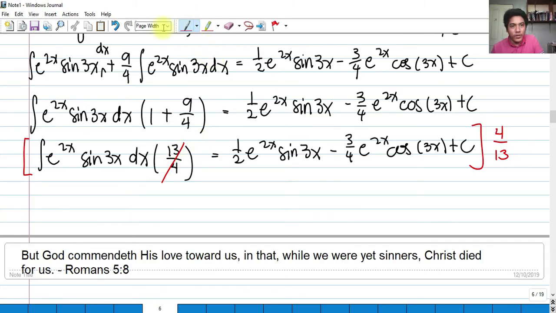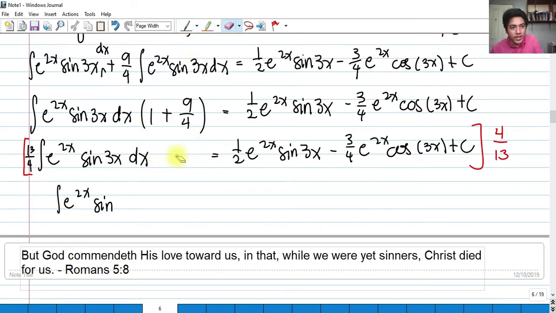So we are left on the left side of our equation with the integral of e to the 2x sine 3x dx. The 13 over 4 is not inside the integral sign. It is a constant, so I might as well write it here, and so our constant is cancelled.